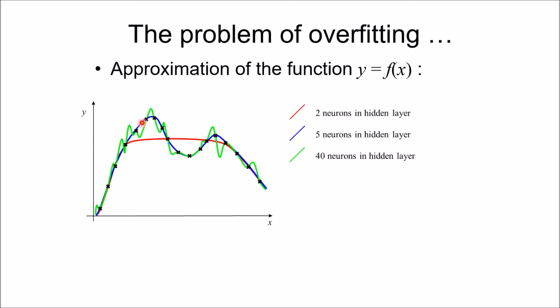The blue line is perhaps the best prediction in between these two points, whereas the green line is overfitting, meaning that you fulfill the two-point requirement, but in between you fail to predict. For underfitting, you fail to fulfill the training data set, and the blue line actually fits the data well.